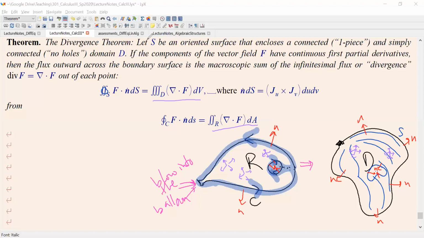And we're adding up all those little divergences, little pockets of flux. And if we add them all up over the entire domain, they equal the net flux across the surface.